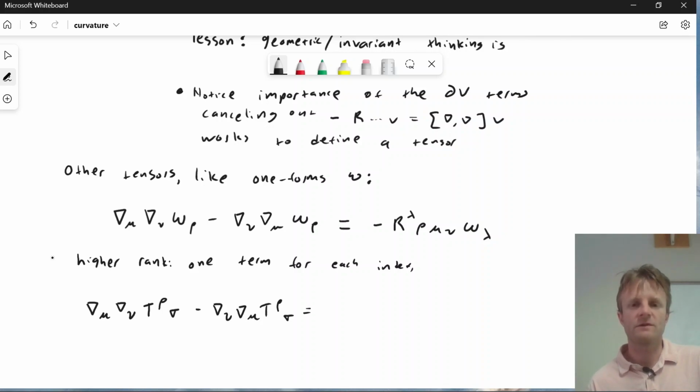Let's see if we can get it right. There's going to be two terms. They're both going to say Riemann with 4 indices, T. One comes in with a plus sign because that's the upstairs index, and the other comes out with a minus sign because it's a downstairs index.